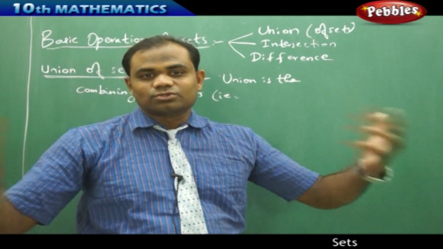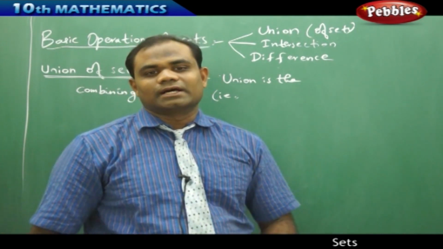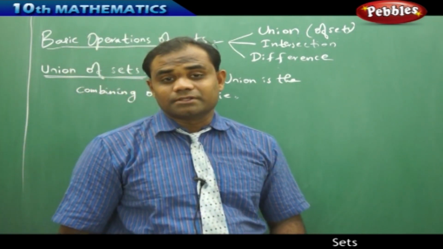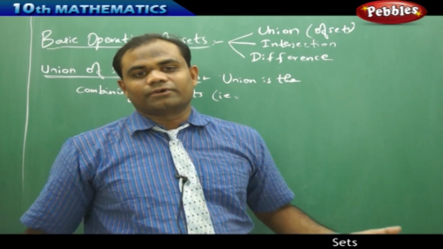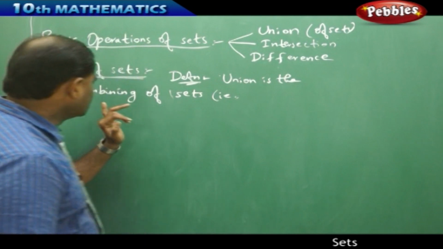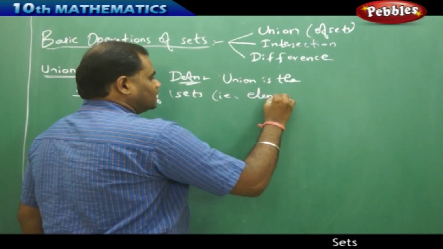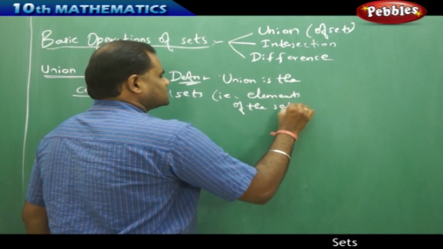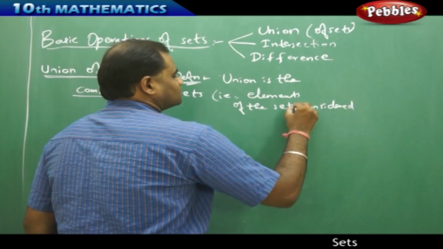When I say I'm combining 2 classes, indirectly I mean combining all the students of the class. Same way, when I say I'm combining 2 sets, indirectly it means I'm combining all the elements of set A and set B, say for example. So union is the combining of sets, that is, the elements of the sets considered.